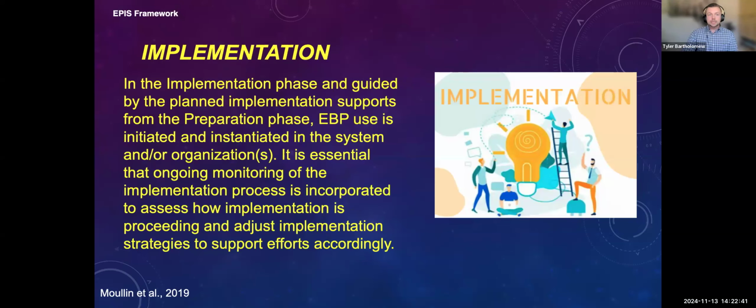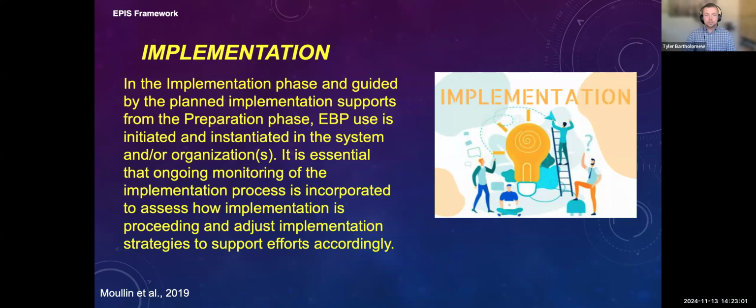So the next phase is implementation. In the implementation phase, it's guided by the planned implementation supports from the preparation phase. We know that at this phase, or at least what's described in this phase, is that evidence-based practice use is initiated and installed into the system or within the organization.